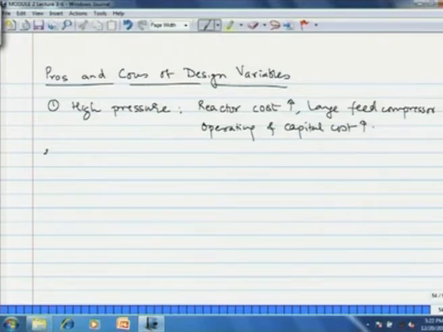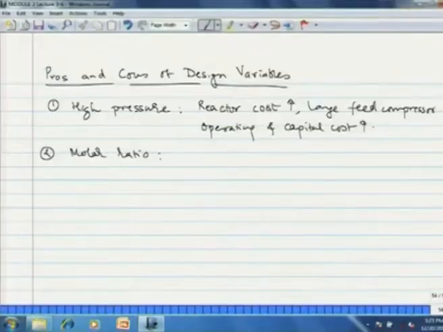If you use a higher molar ratio of hydrogen, larger and larger amounts of hydrogen are going to remain unconverted. In the first place, the total hydrogen fed to the reactor increases, so the compression cost increases. Secondly, larger amounts of hydrogen remain unconverted, so the recycle cost goes up. So, those points we note.